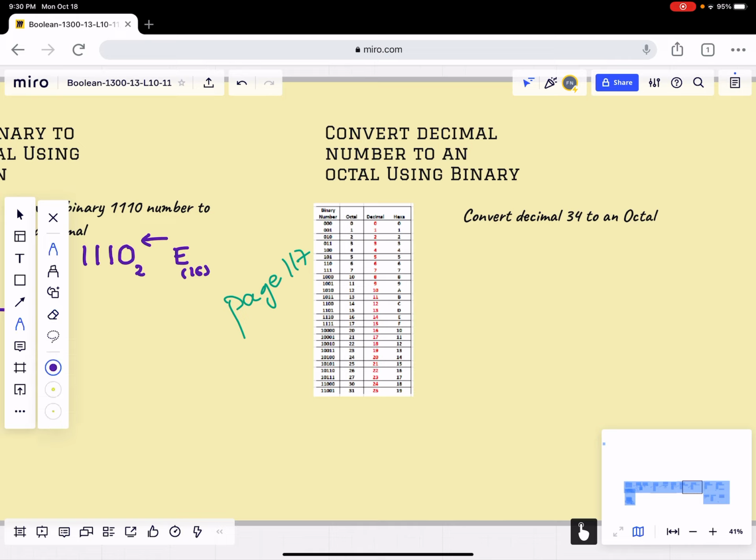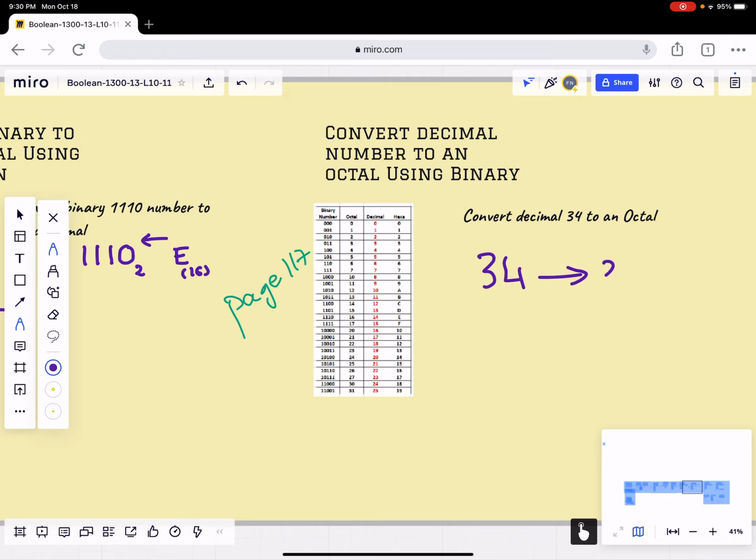Now we want to convert decimal number to an octal number using binary. So first you have to convert 34 to binary. So 34 equals 32 plus 2.